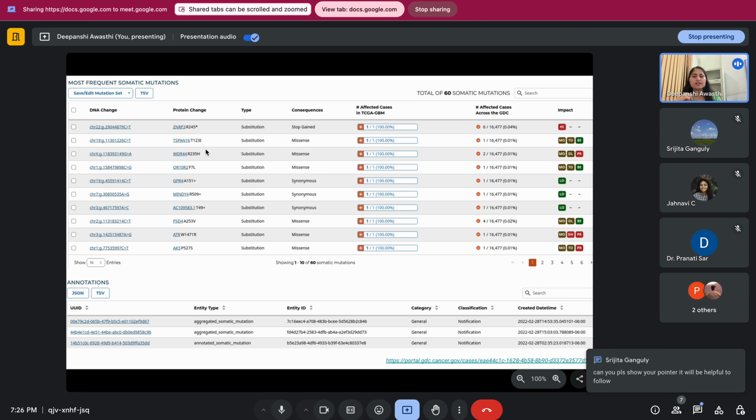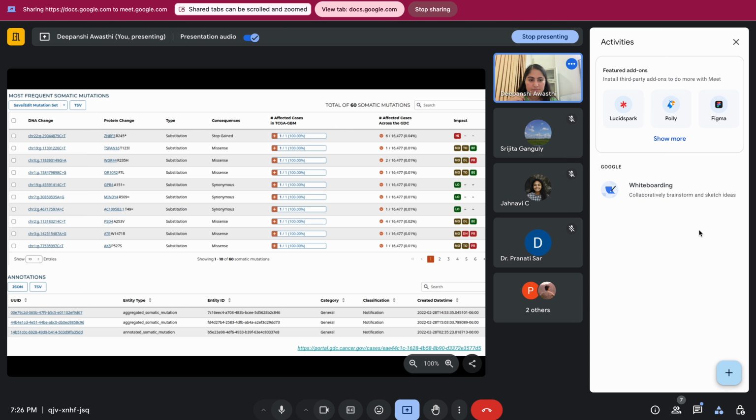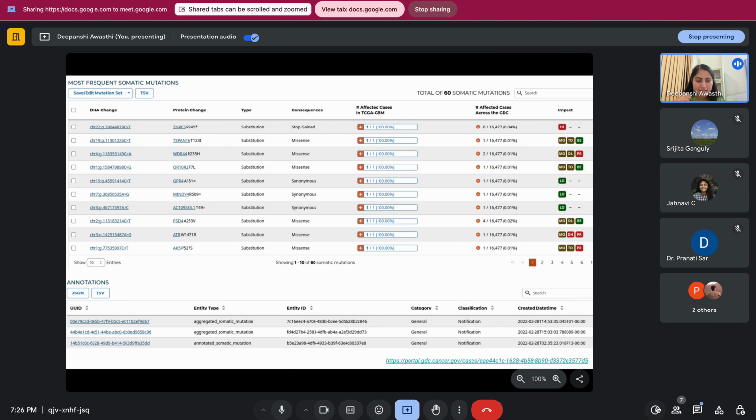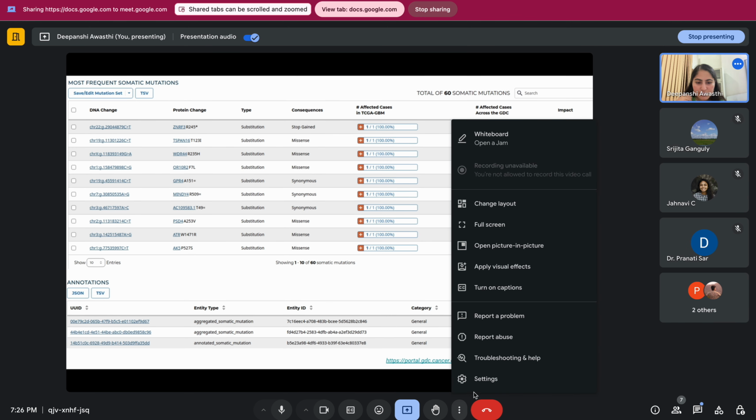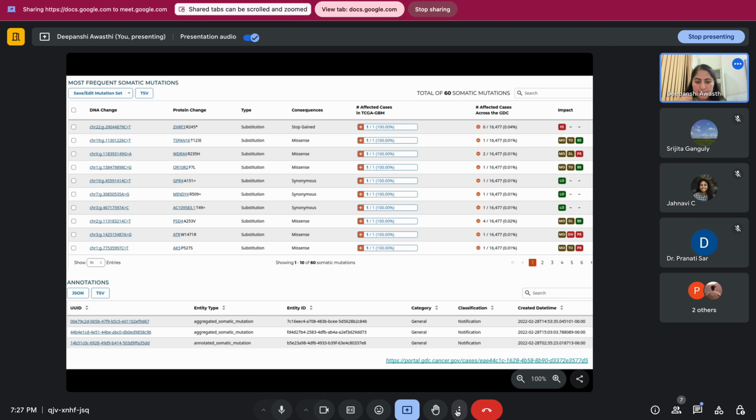Are you not able to see my cursor? Oh, okay. I don't find any option to turn on the pointer. Okay, maybe from next session I'll look for the pointer, but now I'll explain in a way that you will be able to follow.